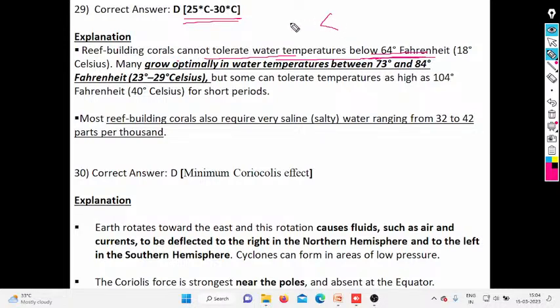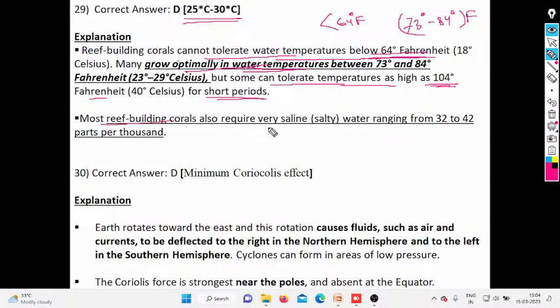Many grow optimally in water temperature between 73 degree to 84 degree Fahrenheit, but some can tolerate temperature as high as 104 degree Fahrenheit for short periods.